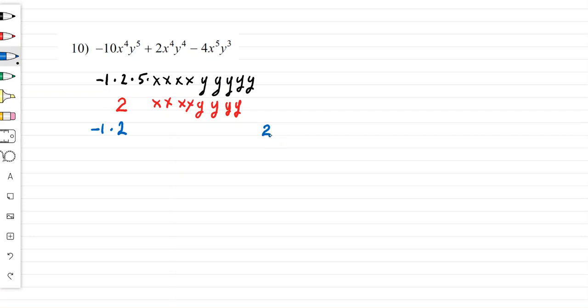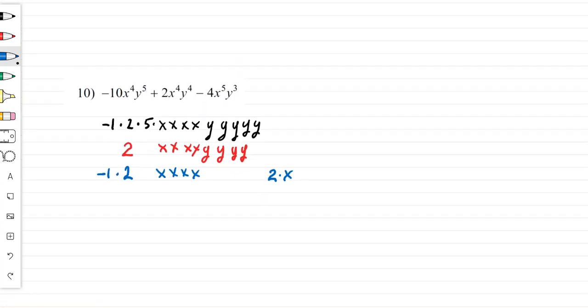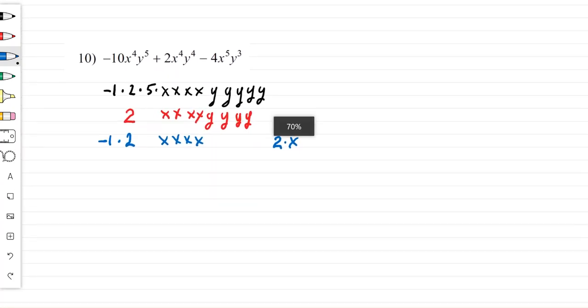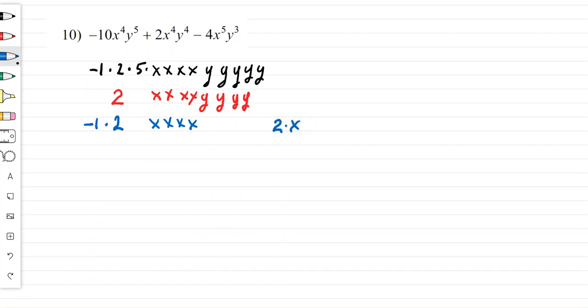Let's see, what do I got? I got 5 x's. So I got 1, 2, 3, 4, and then I'll put the leftover over here. And I'm going to put a y because I'm thinking ahead. Now I have 3 y's, so I want a y. Okay, looks like I got everything I need.